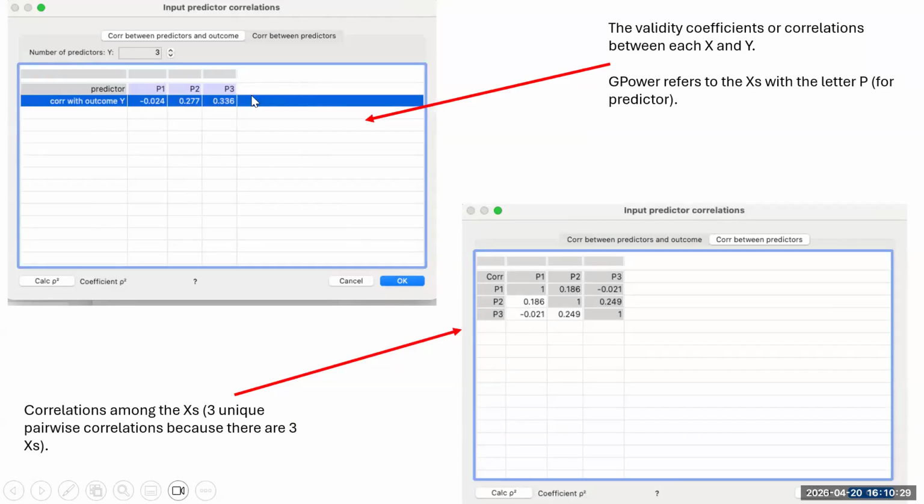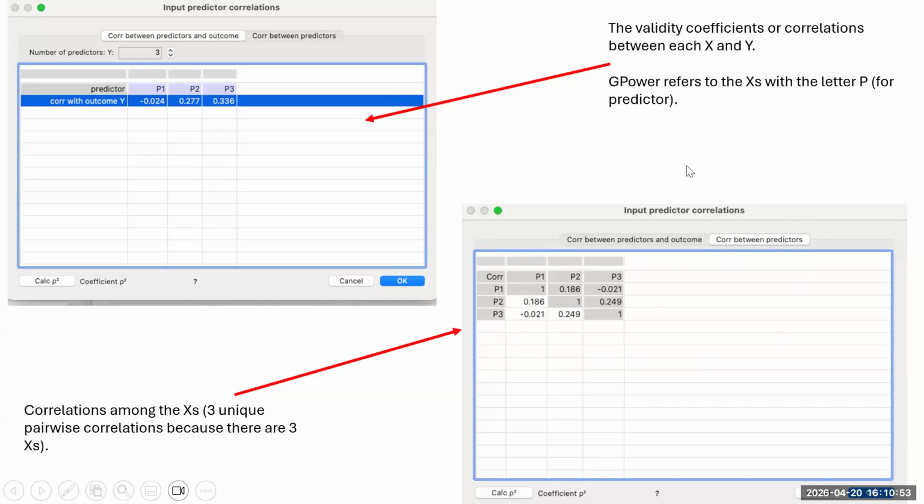One of the matrices gives each pairwise correlation between each X and Y. Now, GPower labels the predictive variables, which are generically referred to in the context of regression analysis as the X's. It labels them with the letter P for predictor, right? So P1, P2, P3 equals X1, X2, X3.